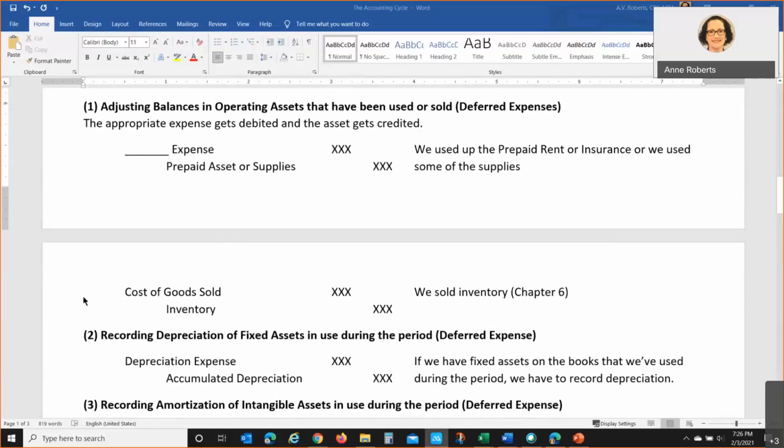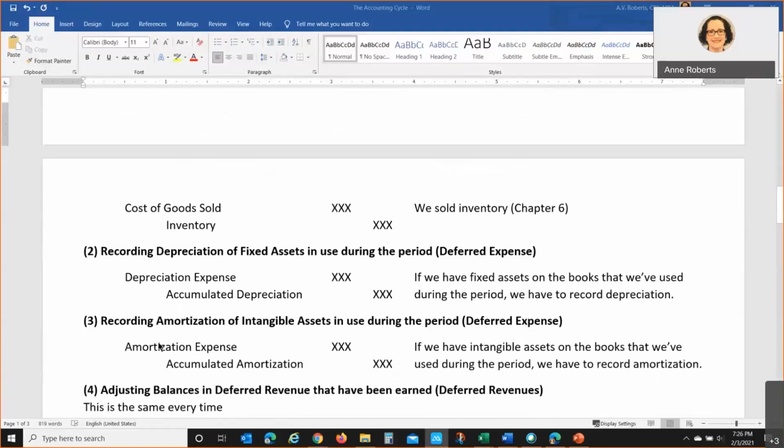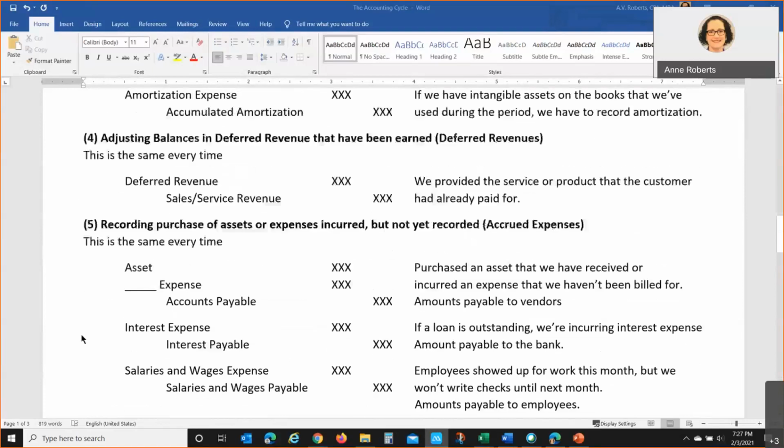Even though we're not actually hitting the asset down here in depreciation and amortization, we are creating these contra asset accounts that are reducing the book value of those assets. So this is them going from prepaid to expenses because they've been used? Correct.